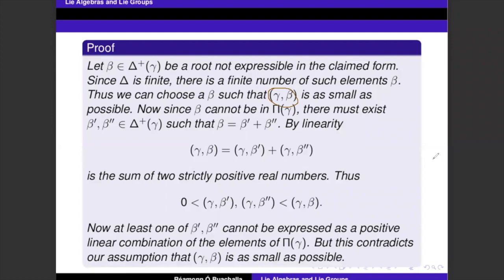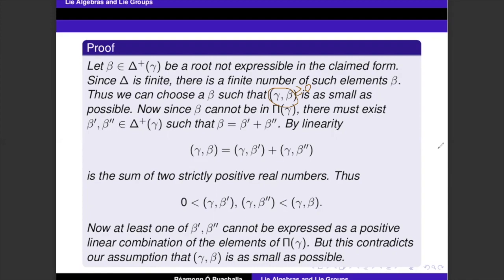Remember, we used gamma to break our roots into positive and negative, and this is precisely the defining condition of being a positive root, that the inner product of gamma and beta is greater than 0. But we want to choose this to be as small as possible. In general, if you have an infinite set of real numbers, choosing something as small as possible is not possible. But we've got a finite set, so everything is fine.